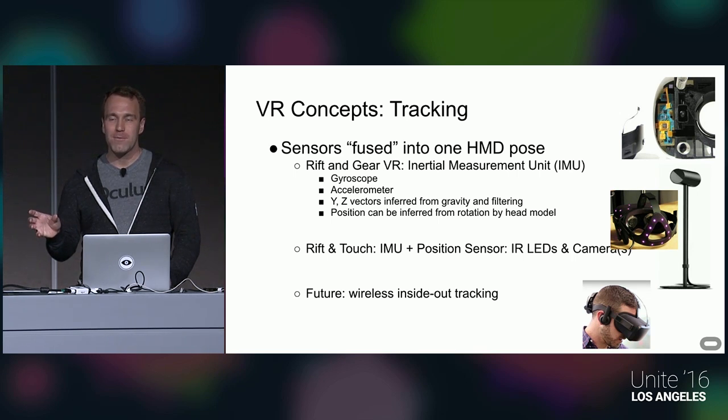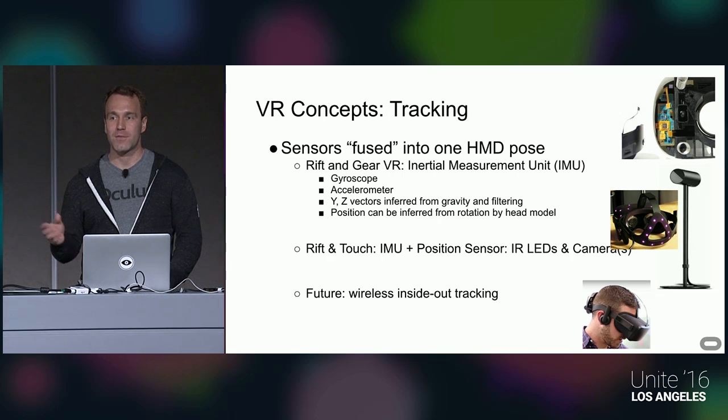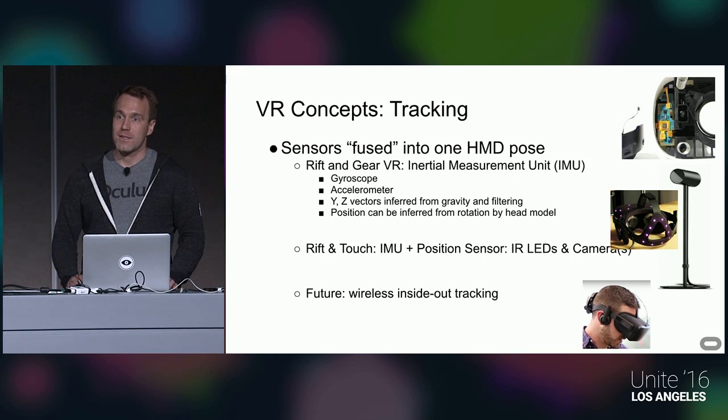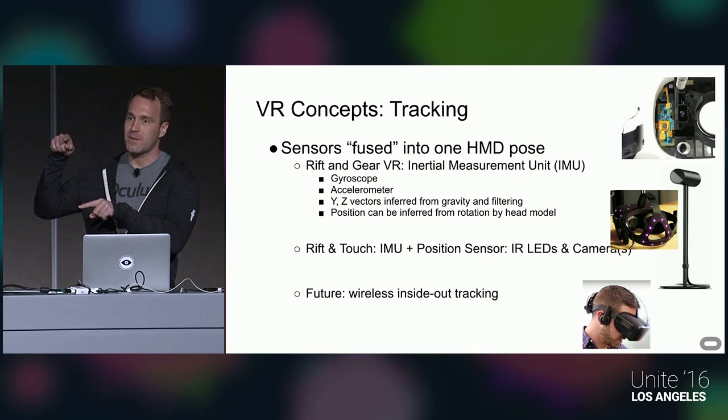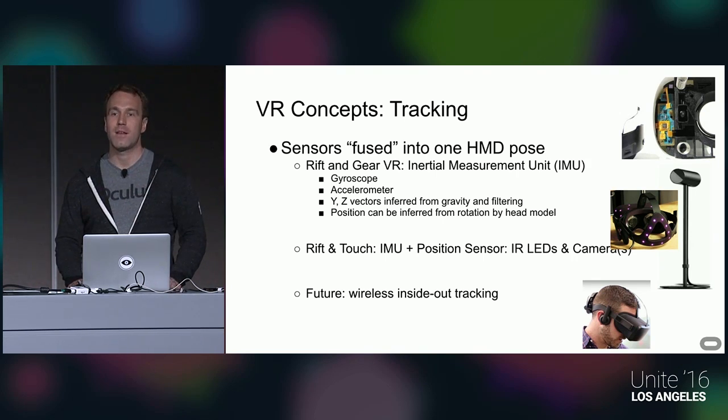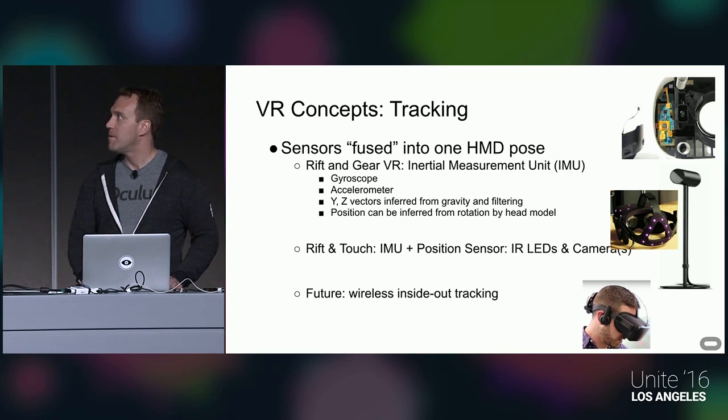It does have positional data in the device, but we don't use that because it frankly drifts far too fast to be useful to the app. So what we do in those cases is infer the position based on the rotation and a head model. We have an up vector and a forward vector to get from the base of your neck to your eyes, and then we assume that as the head rotates, your eyes rotate with that.